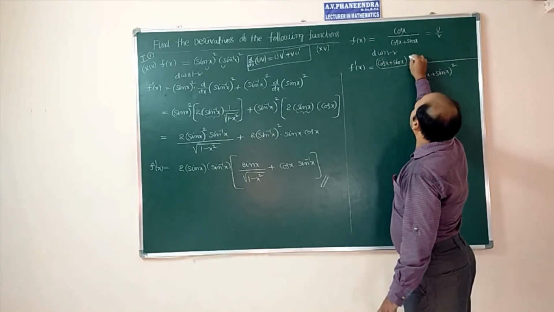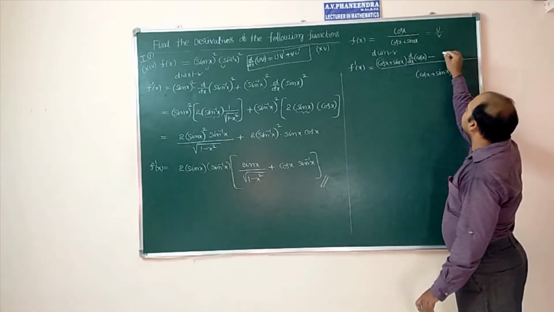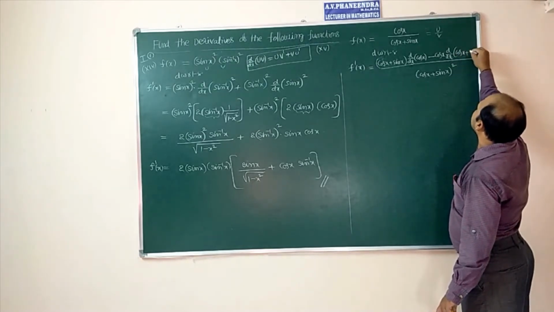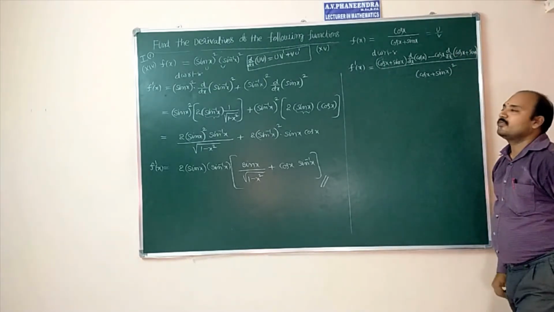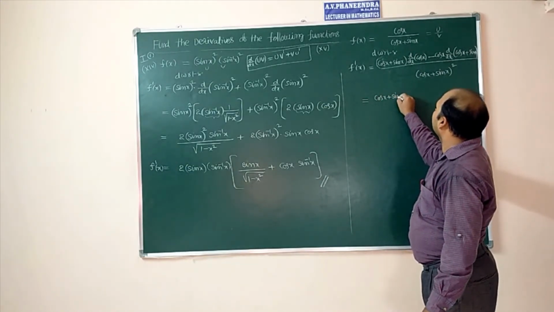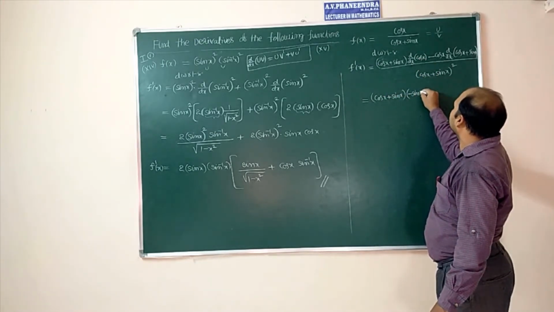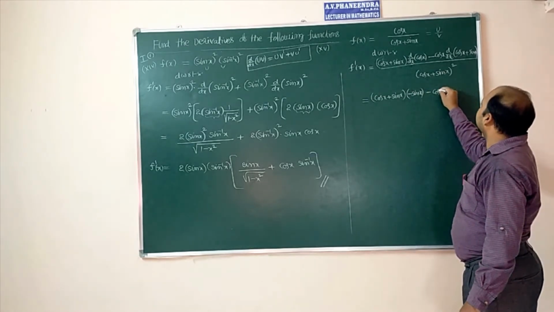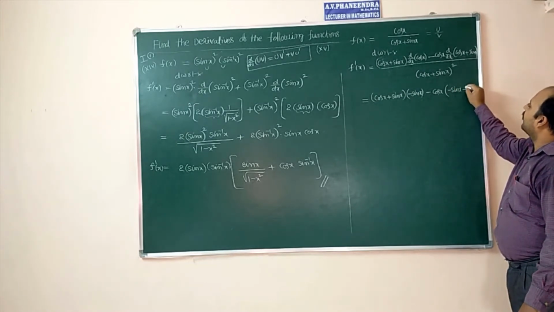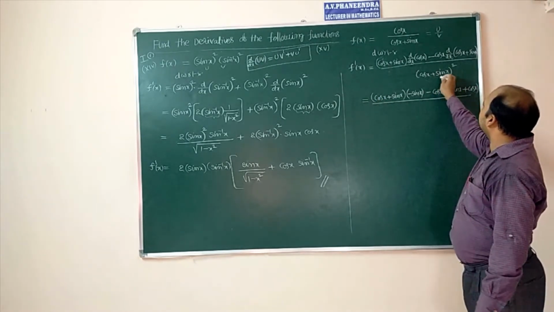cos x plus sin x into d/dx of cos x, minus cos x into d/dx of denominator cos x plus sin x, which is equal to (cos x plus sin x) into (d/dx of cos x is minus sin x) minus cos x into (d/dx of cos x is minus sin x plus d/dx of sin x, cos x), all divided by (cos x plus sin x)².